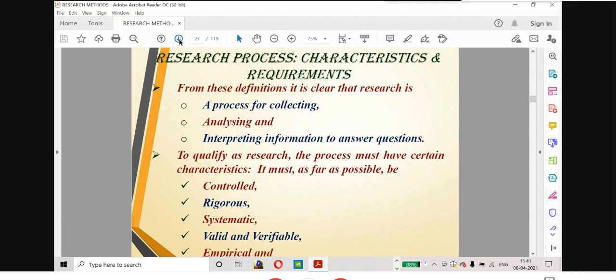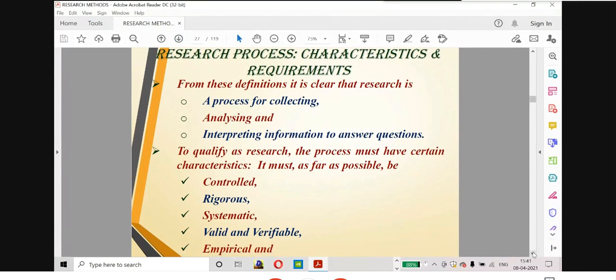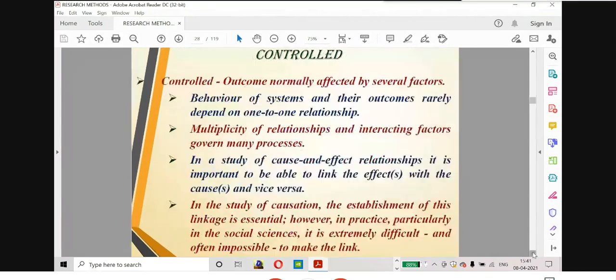In the same way, to qualify as research, the process must, as far as possible, be controlled, rigorous, systematic, valid, verifiable, empirical, and critical.